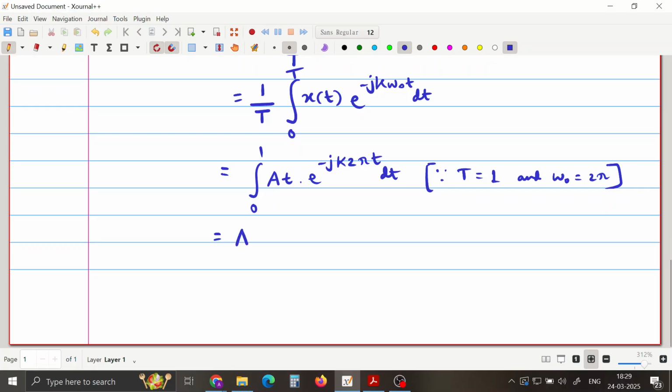Now this factor capital A is a constant which is independent of t, so it comes out of the integral and we are left with t times e power minus j 2 pi kt dt.